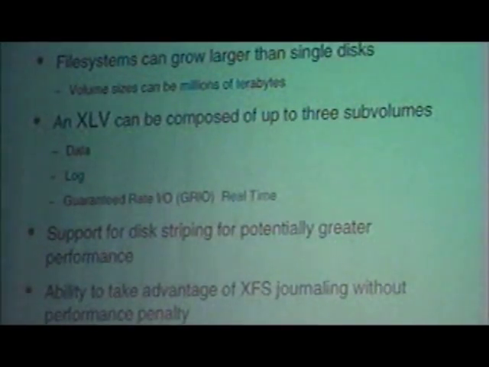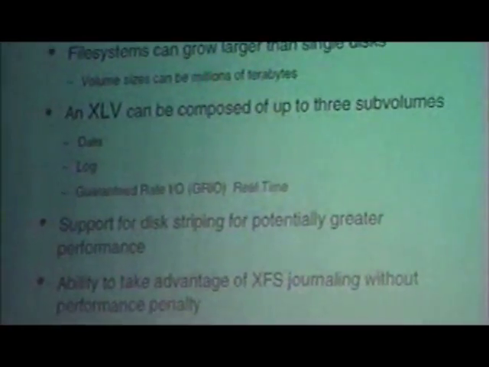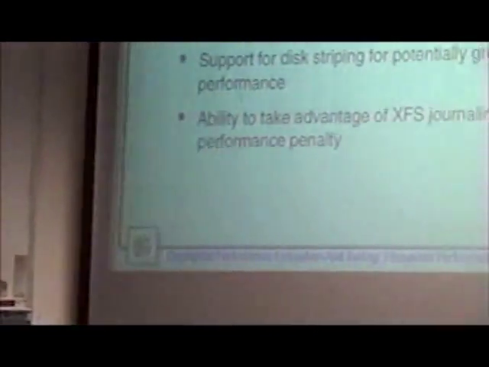If I don't have a GRIO, I might stripe data. That's what's usually happening in the scientific market because the applications don't know how to take advantage of a real-time partition. Something we need is a sign command to have a GRIO layer and a real-time layer to use the real-time partition. Now it says here, disk striping for potentially greater performance.